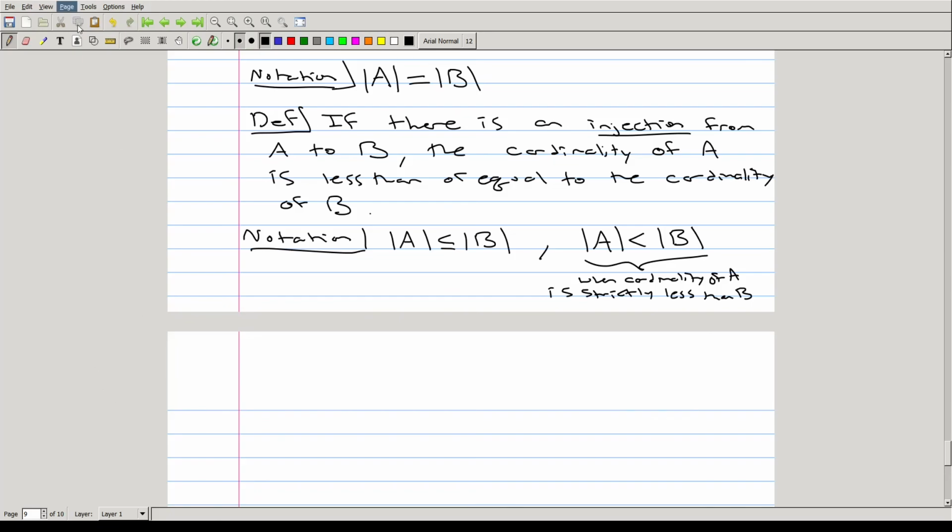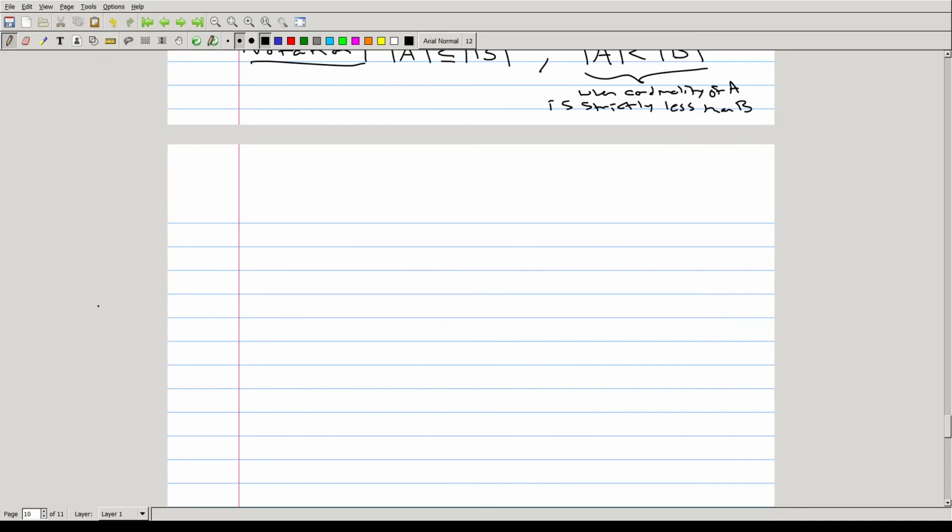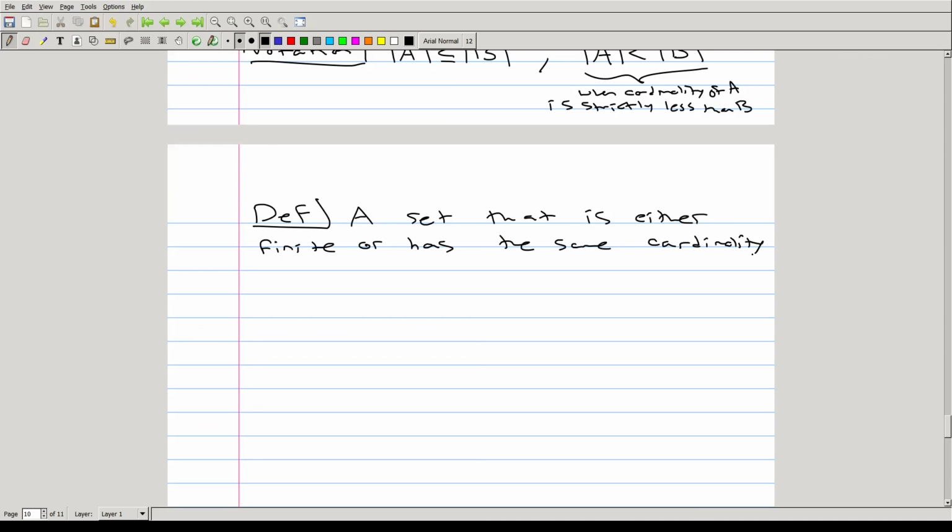And this leads to a very big definition. This is the definition of countable versus uncountable. A set that is either finite, as we defined before, or has the same cardinality as the natural numbers is called countable.